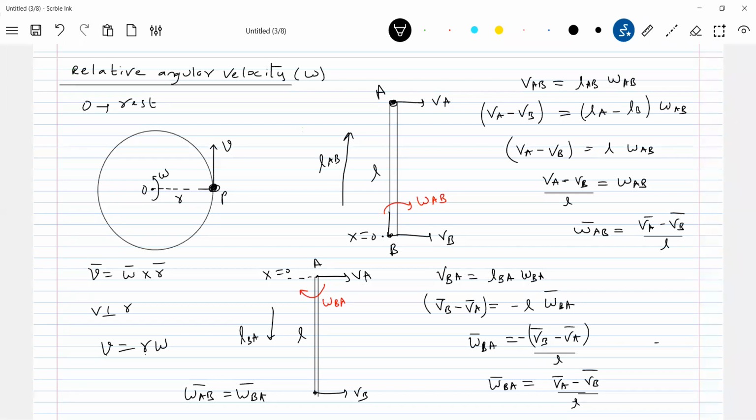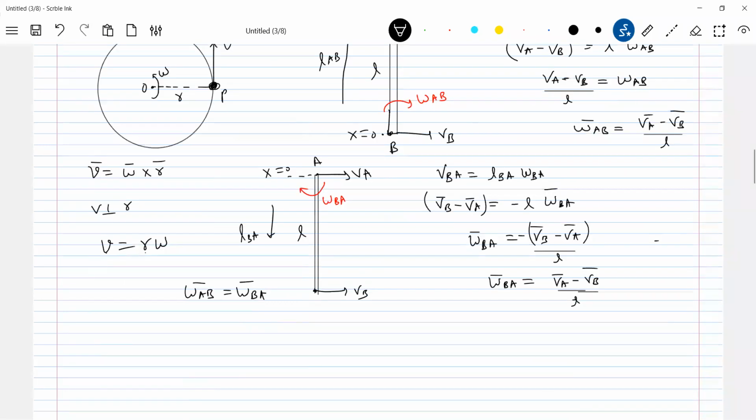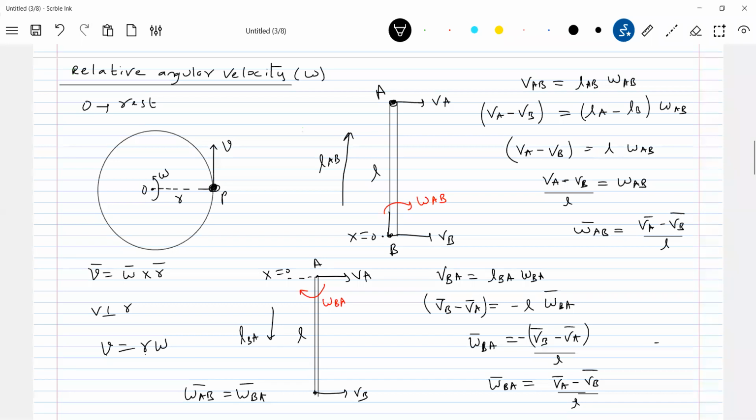Sir, I still didn't get it. Could you just show? Here actually, if you take this x-axis and y-axis, then omega AB bar, BA bar will be in the direction of minus k cap. Z-axis will be out of the plane, no? Yes, sir. Could you just tell me how? I'm not getting it. Right hand screw rule, no?